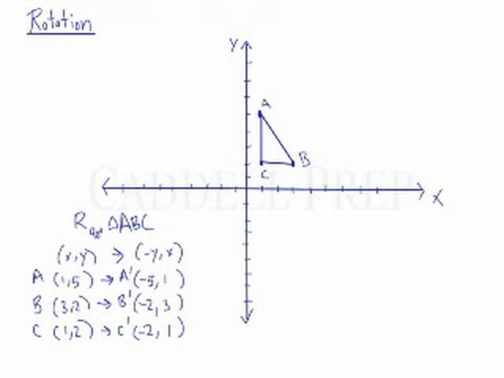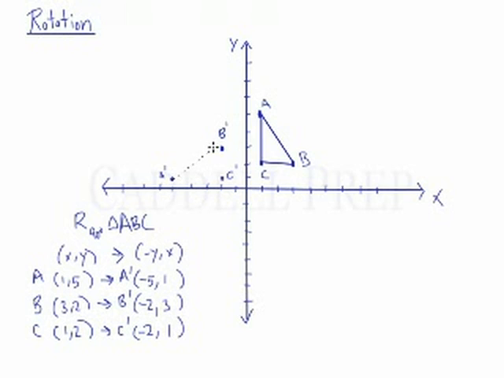So A prime is going to be at negative 5, 1. B prime is at negative 2, 3. And C prime is at negative 2, 1.